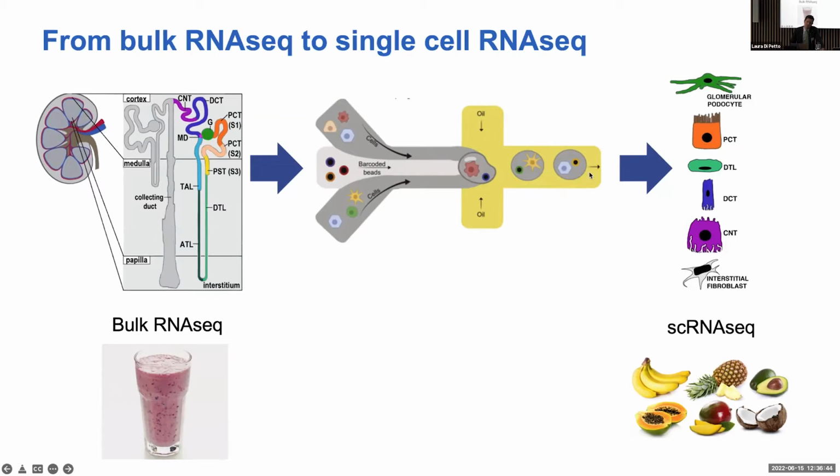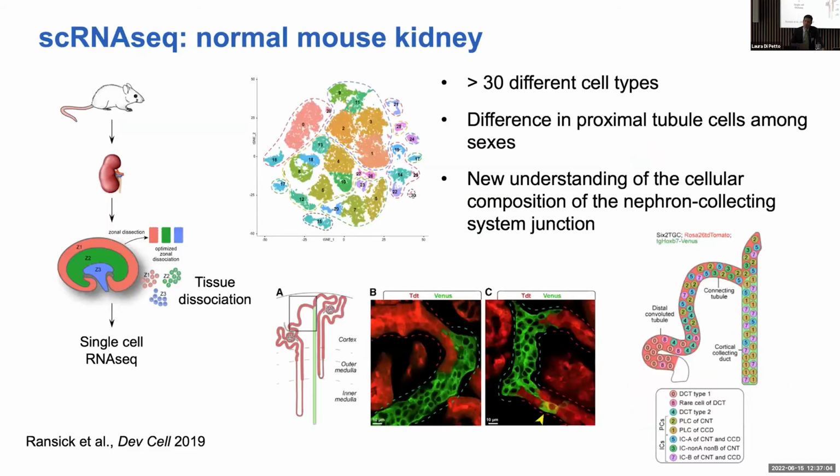And so you can get the transcriptome of the individual cell type. So instead of having a milkshake with very general information, you can have the information you obtain from the individual cell types. So this dramatically increases the granularity of your research, and is changing many fields of biological research.